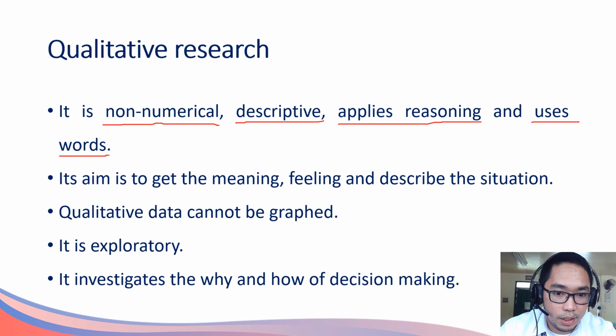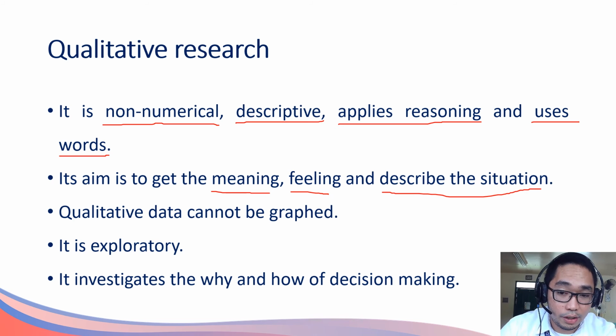Okay? So since we are gathering descriptive data, we are able to gather meaning, feeling, and description of a particular situation for that instance. Qualitative data cannot be graphed. Of course, only numerical data can be graphed or given representation through graphs.